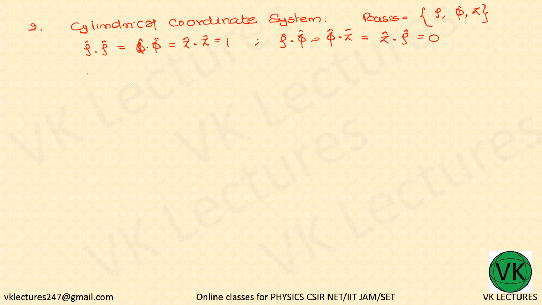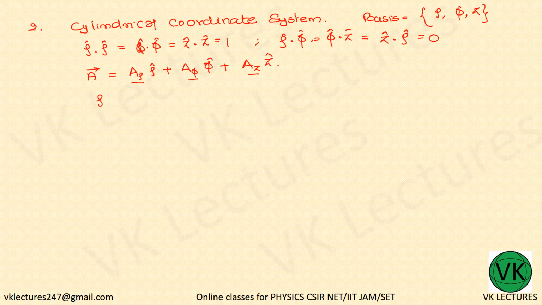Now any vector A in a cylindrical coordinate system can be represented by A rho rho cap plus A phi phi cap plus A z z cap. So A rho, A phi and A z are the coefficients of rho, phi and z, and now we need to find the limits.